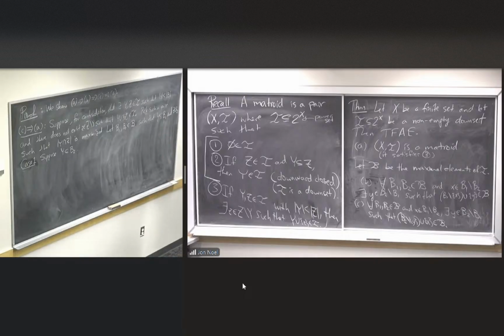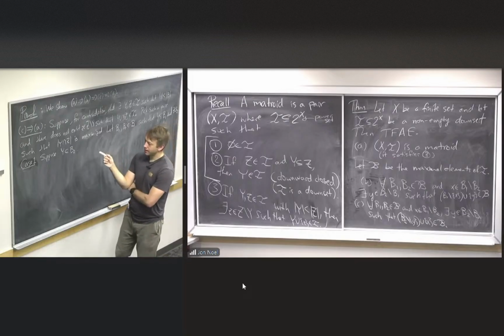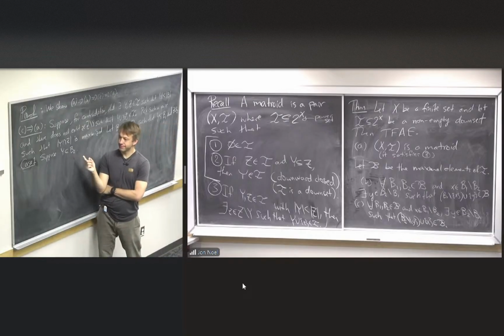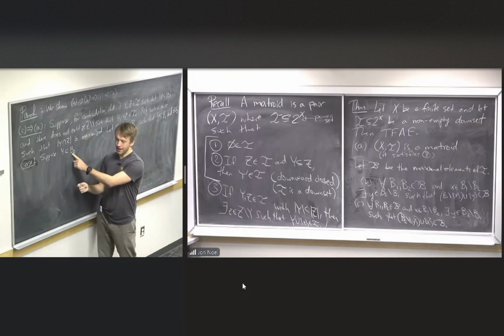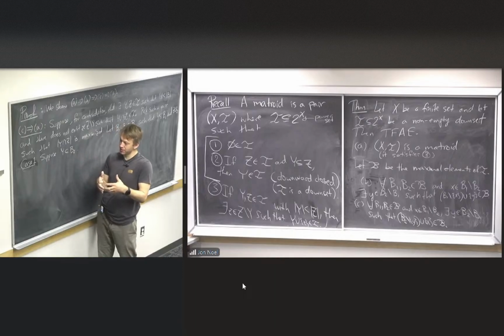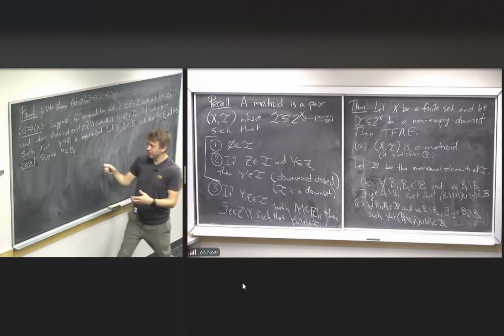Well, this can't really happen. Why? Here the downset condition is important. B2 is in I, it's a maximal set in I, and I is downward closed. And Y is a subset of B2, and so is Z.